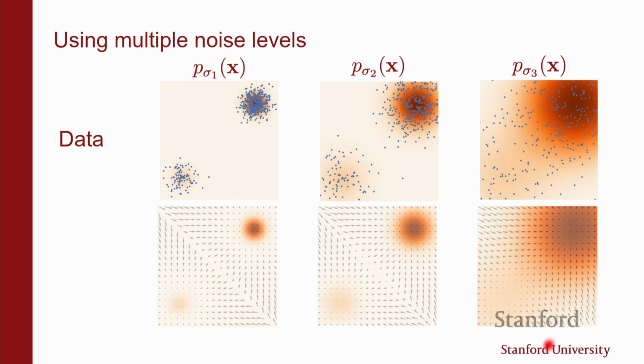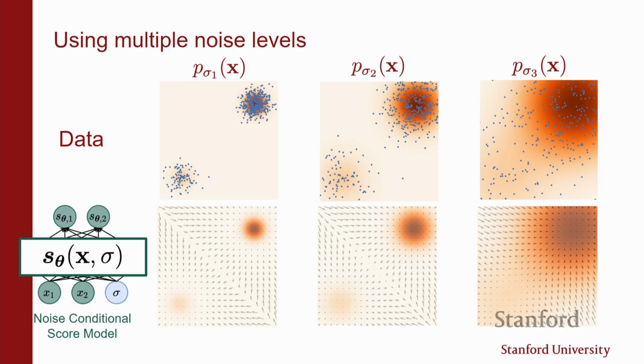All these scores are different because we're adding increasingly large amounts of noise. Then there's a single neural network jointly trained to estimate all these vector fields. The network takes the data x, where you are in this plot, and the sigma, and estimates the score for that noise level.